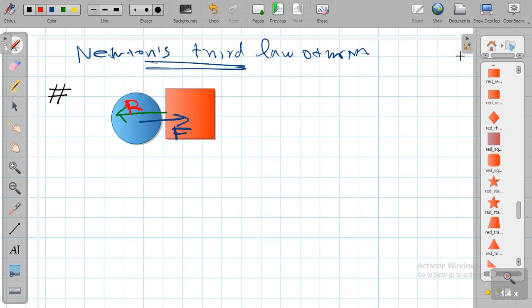Now write: Newton's third law pairs have certain 4 characteristics. What is the first characteristic?